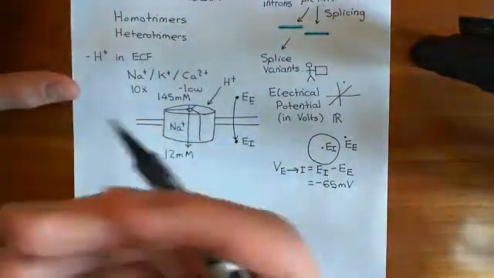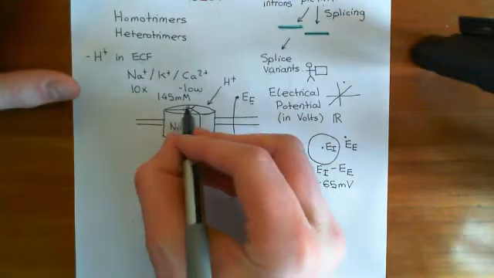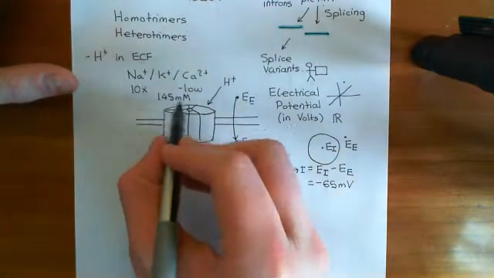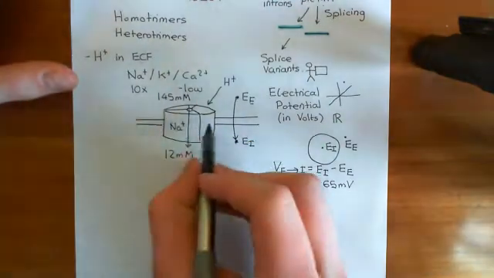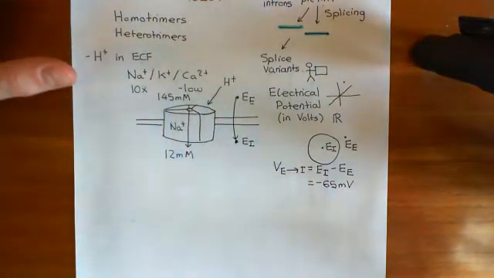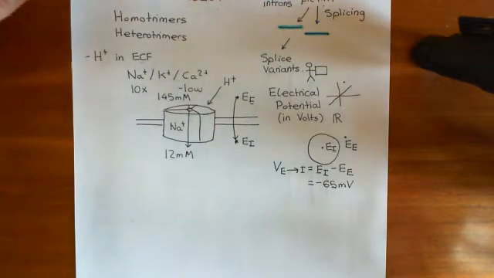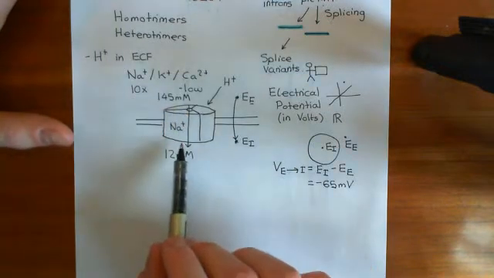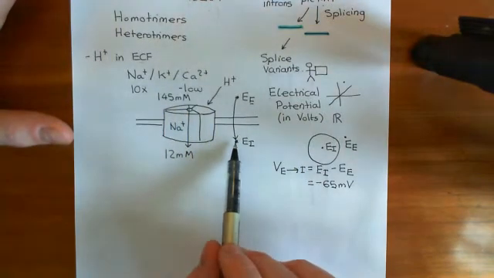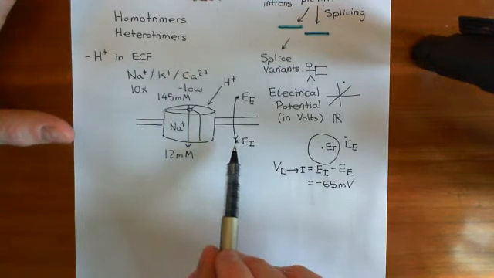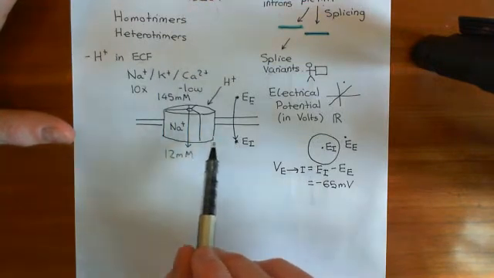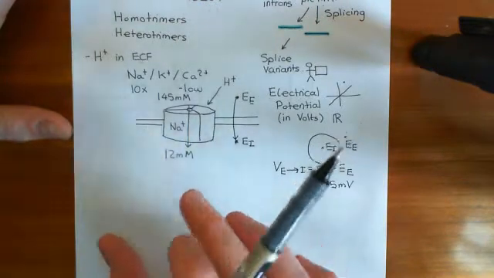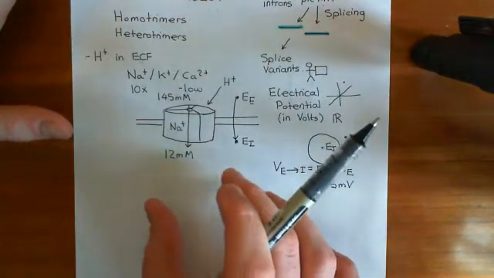A current simply means a movement of charge. We're moving sodium ions into the cell, so that is a sodium current into the cell. What we now want to discuss is the effect of this sodium current on the electrical potential difference across the cell membrane. Basically, when you dump positive charge into an area, that raises the electrical potential of that area.